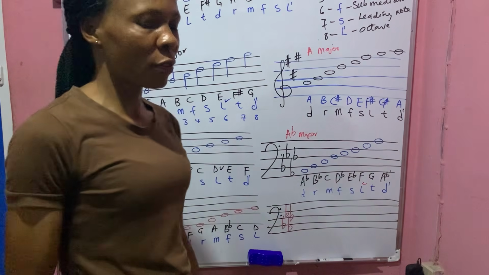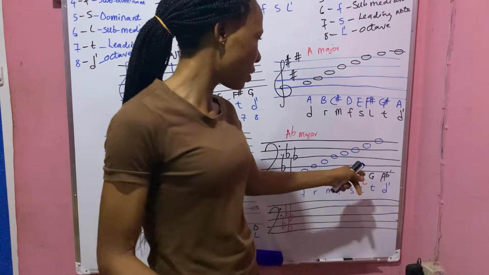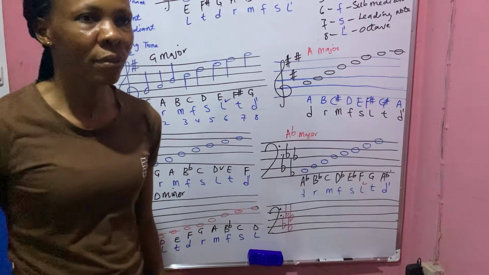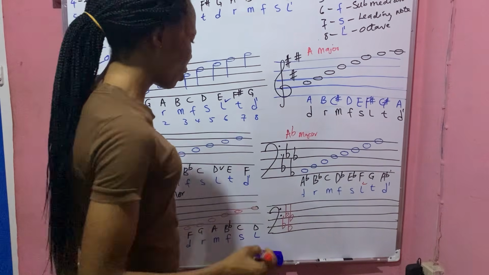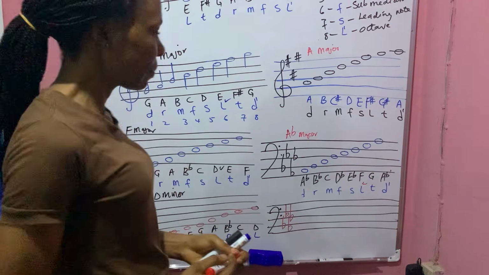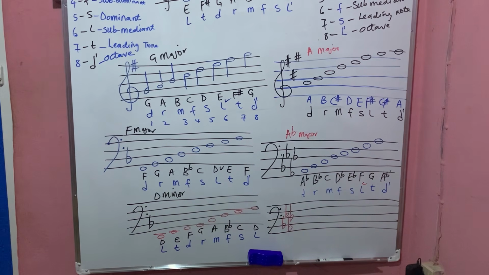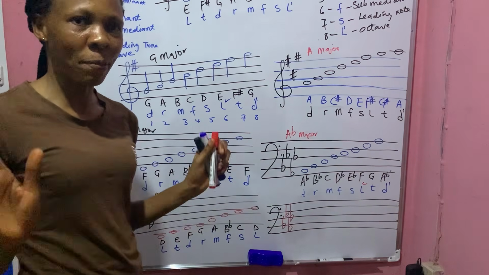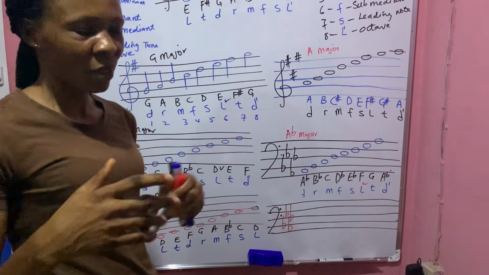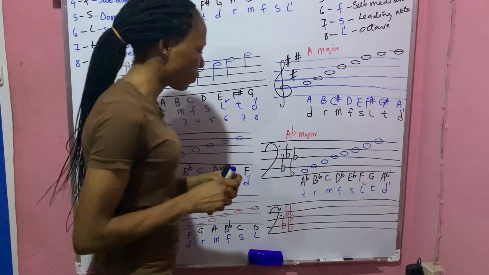So we find it from the 6th degree of the major. So what's the 6th degree? F. So that means the relative minor of F major is going to be F minor. Thank God we have F major and we will have F minor. That's going to be a perfect explanation of what I was asking you before.